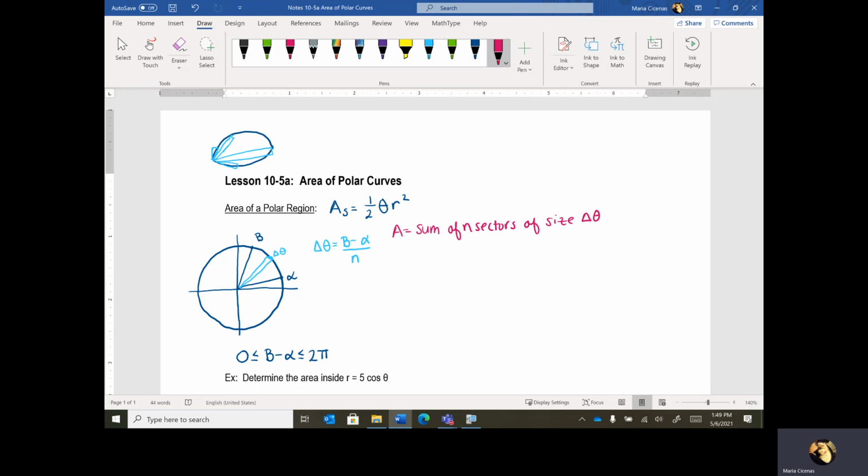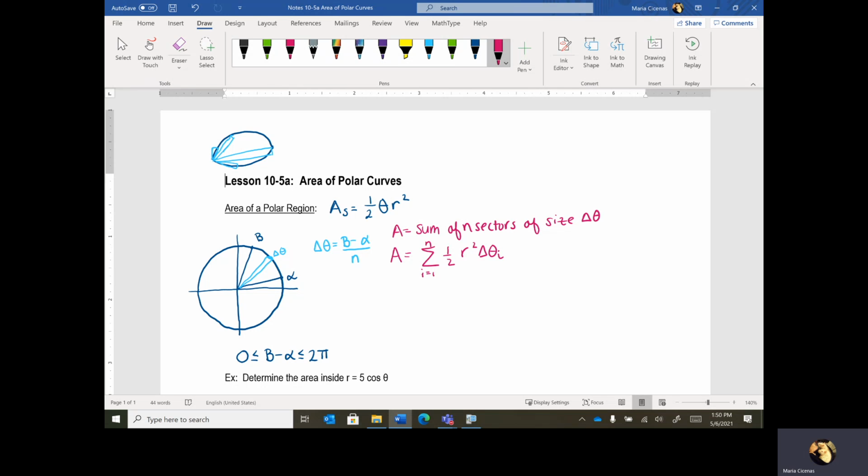Now, if we're taking a sum, we know then that we can write that area using summation notation. One half r squared, and for theta, I'll put in the delta theta, and that will change, so sub i. But we already know we want to shrink these down. We want to take it to infinity.